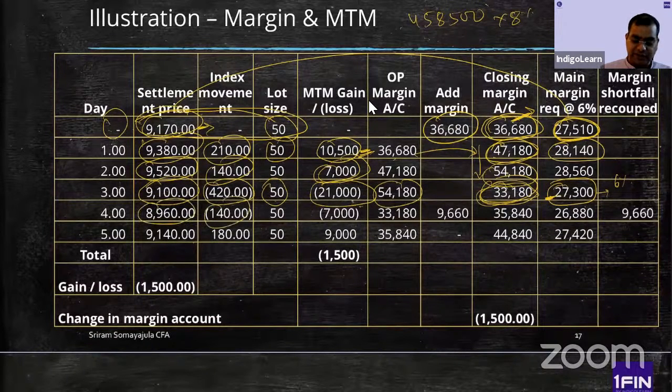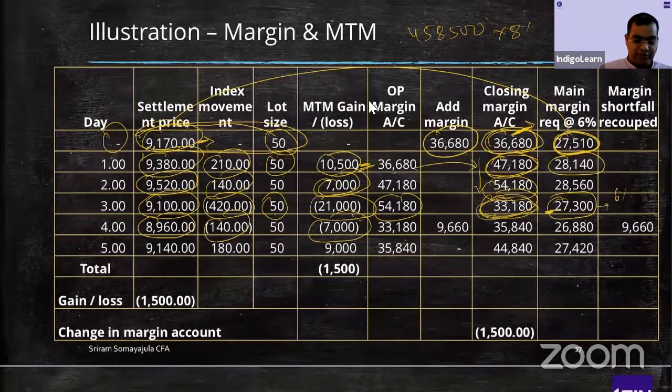Next day, the index fell further. It fell another 140 points, so you made another 7,000 loss. Now this 33,180, whatever you had, is reduced by 7,000. So 33,180 minus 7,000 will give you 26,180. But how much are you required to maintain?